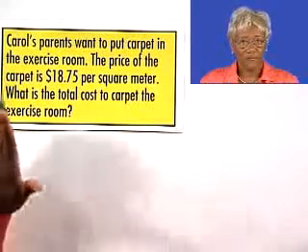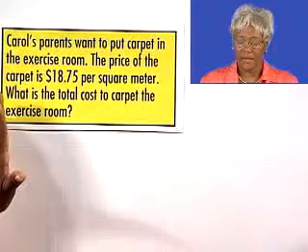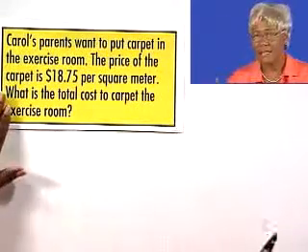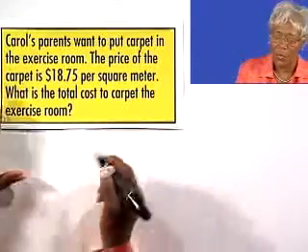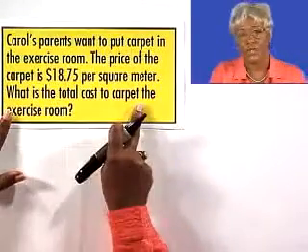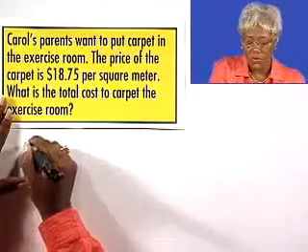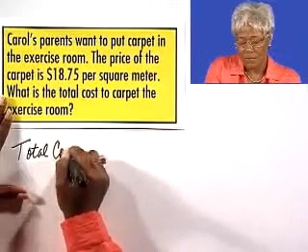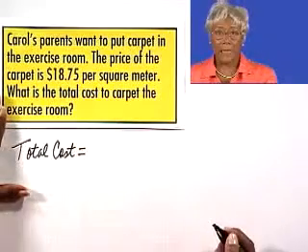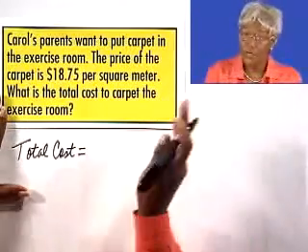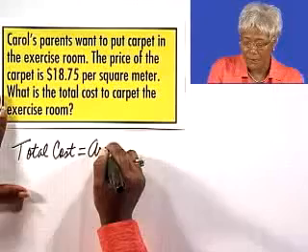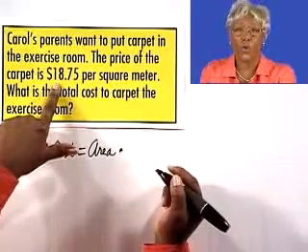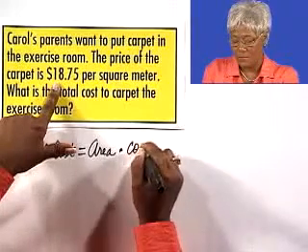Okay, we found the area, or at least we were given the area. Let's see if we can set up an equation. We're wanting to find the total cost to carpet. So the total cost will equal the area, which we found, times the cost per square meter.